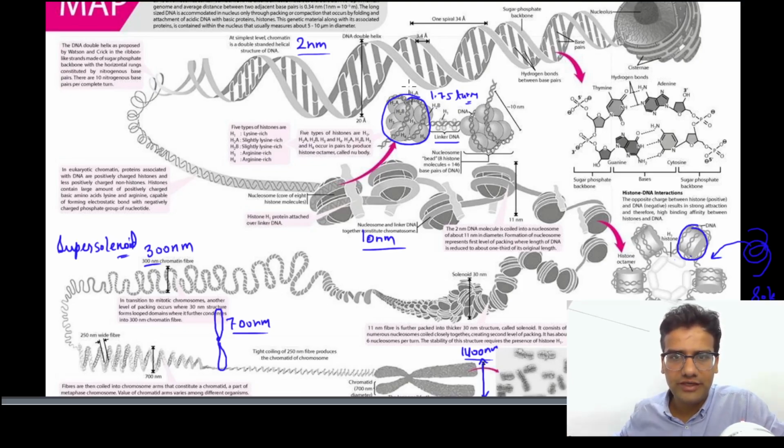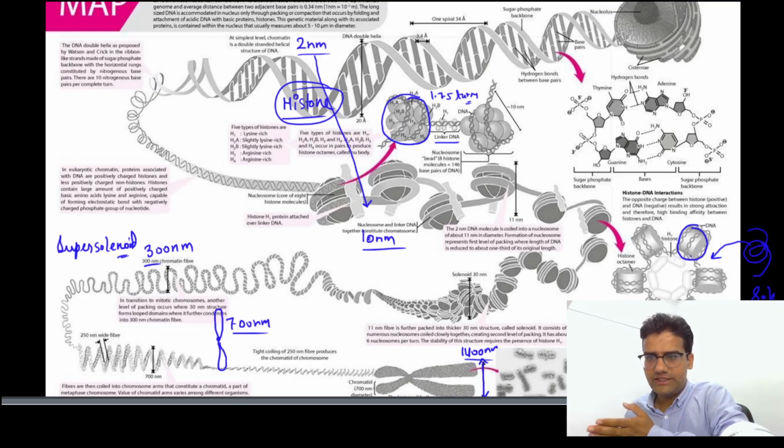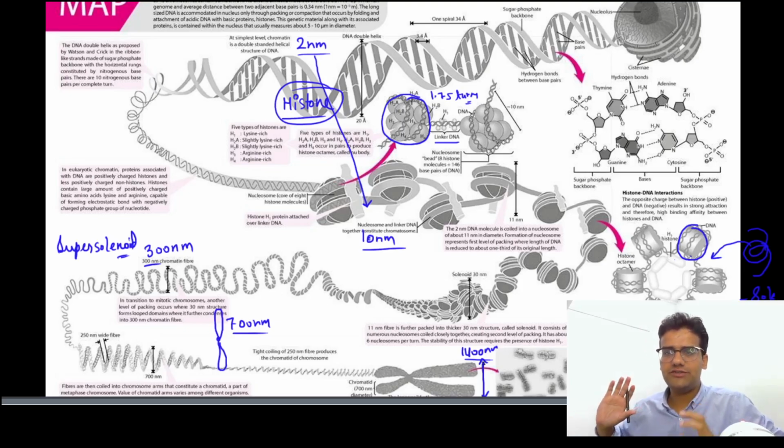This is converted into a 10 nanometer fiber due to histone-assisted binding. Further, this is converted into the solenoid structure, a 30 nanometer structure, due to the binding of histone protein.